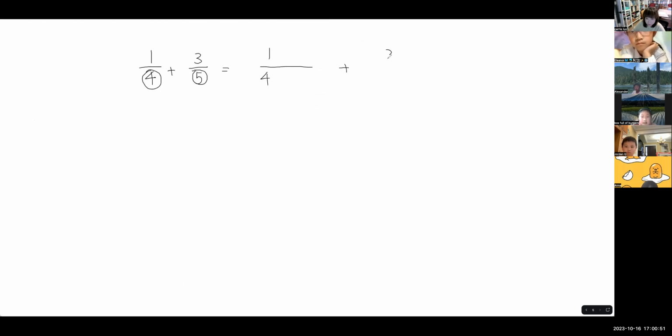So everybody, I'm going to copy this down. So how to make 4 and 5 become the same? Very easy. 4 times 5 and 5 times 4. Correct, everybody? Okay, so 5 over 20 plus 12 over 20. Correct? Everybody? So 17 over 20. We're done.